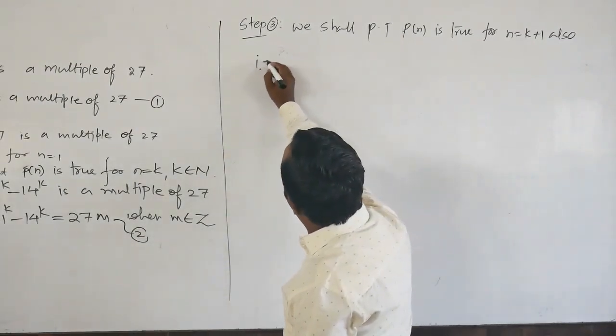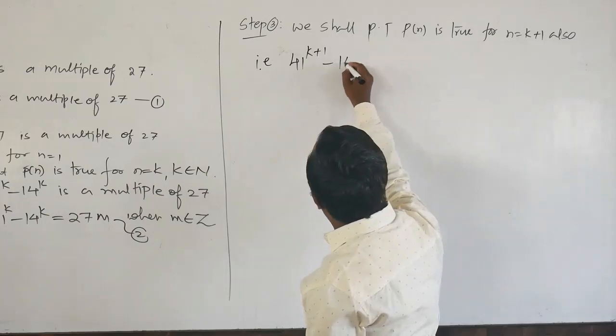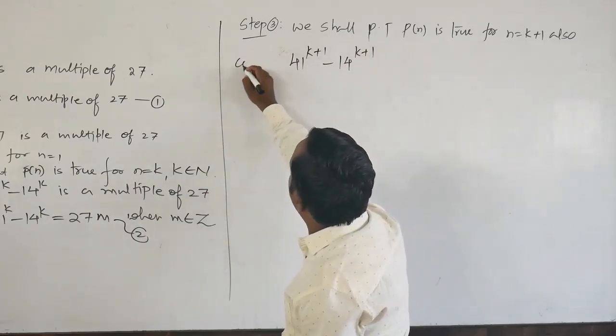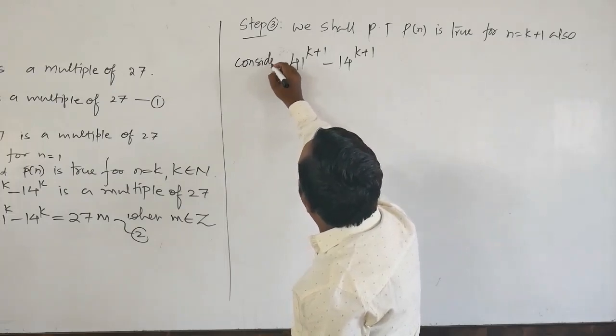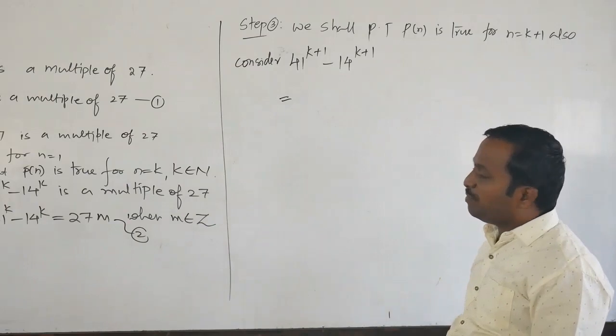That is, 41 raised to k plus 1 minus 14 raised to k plus 1. Consider this as a step. We have to show that this is divisible by 27.